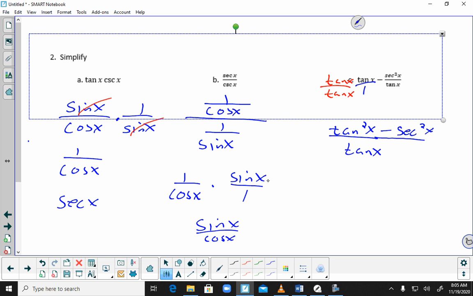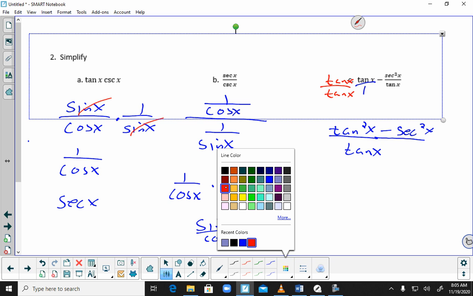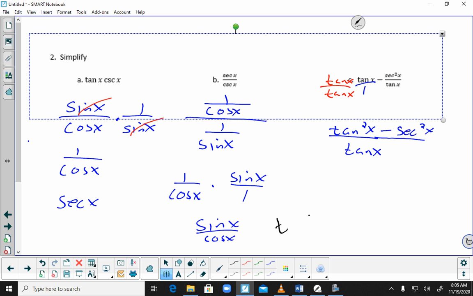Then I am probably going to hopefully remember that I have an identity. One of my Pythagorean identities says that 1 plus tangent squared x is equal to secant squared x. So in place of the secant squared x, I'm going to write 1 plus tangent squared x.